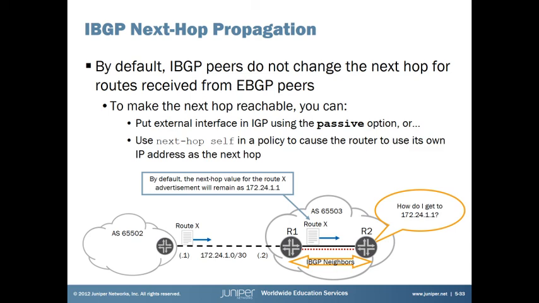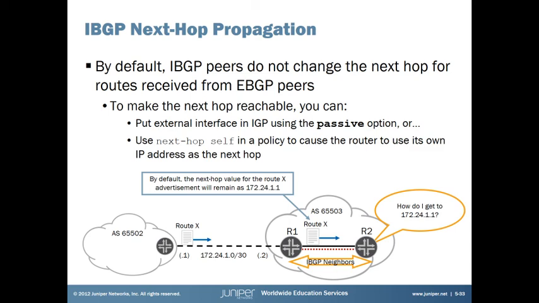R1 re-advertises that route to R2, and it says, hey, guess what? I've got routes for all these networks, and the next hop for them is 172.24.1.1/30. And R2 says, well, that's great, but I have no idea how to get to 172.24.1.1/30.